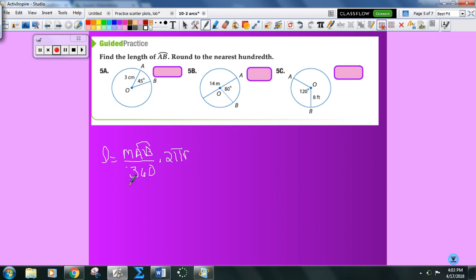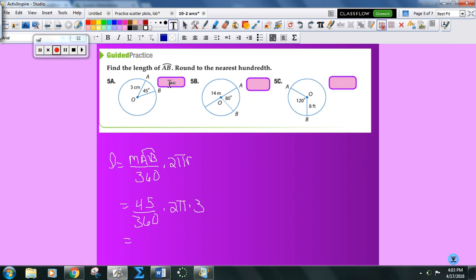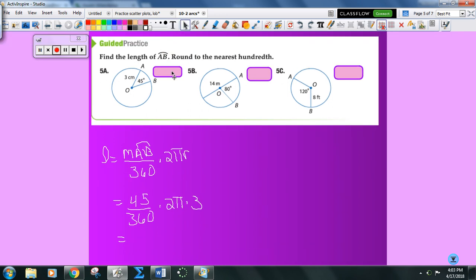So the measure of the arc is 45 over 360 times 2 pi times 3 in this case. I do that calculation, and my answer is 2.36 to the nearest hundredth.